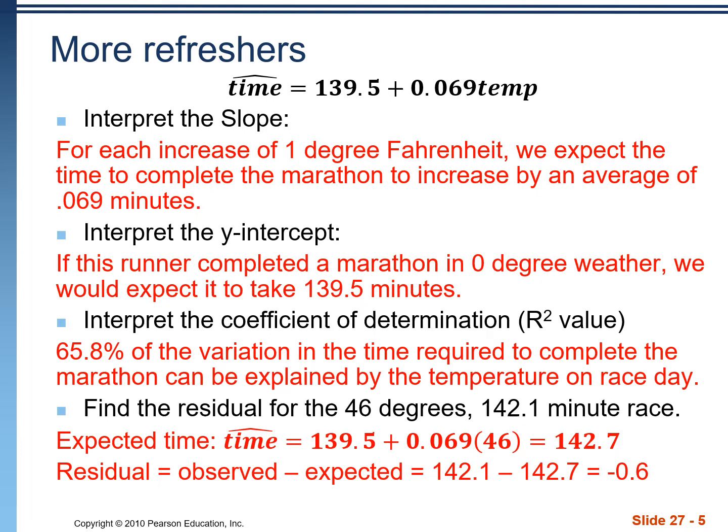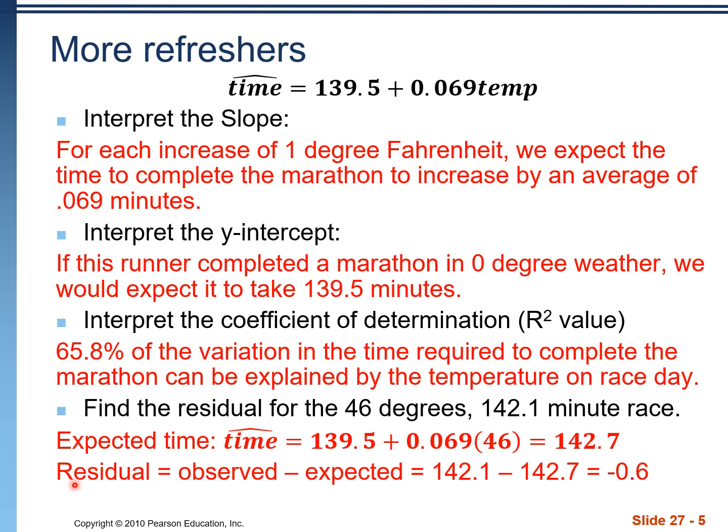Okay, we're always talking about an increase in 1 in the temperature, and the explanatory variable is going up by an average of this amount. For interpreting the y-intercept, that's this value here. If the runner completed a marathon in 0-degree weather, we would expect it to take 139.5 minutes, or it would take an average of 139.5 minutes.